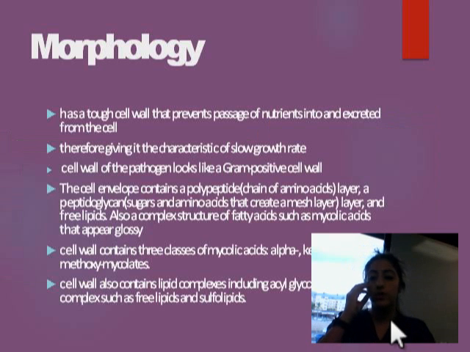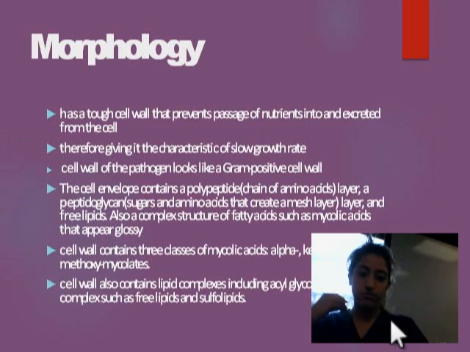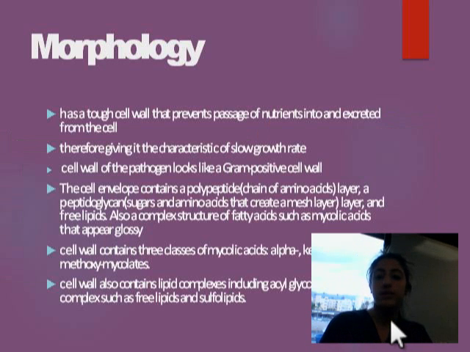So the morphology of the bacteria, it has a tough cell wall that prevents passage of nutrients into and out of the cell, and therefore giving it the characteristic of a slow growth rate. The cell wall of the pathogen looks like a gram-positive cell wall.